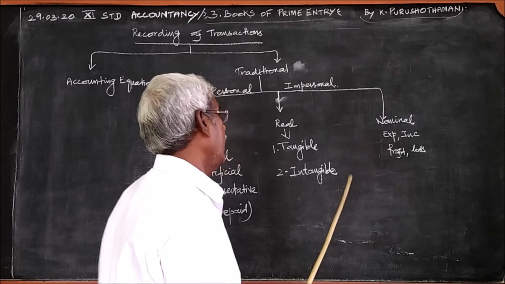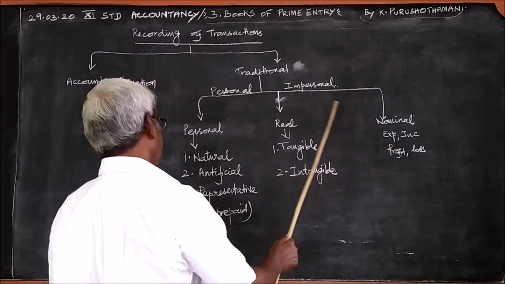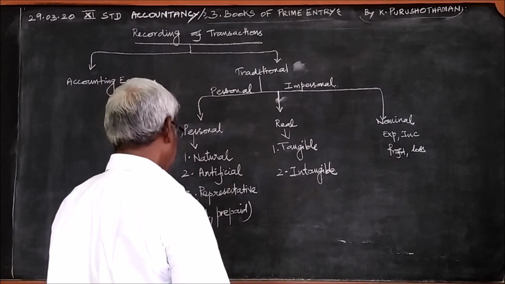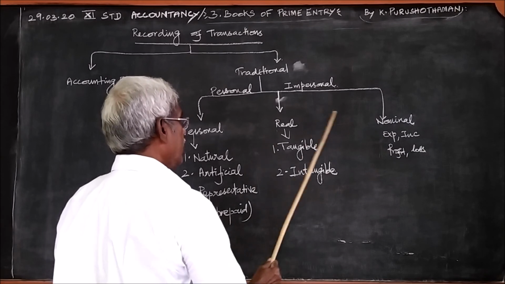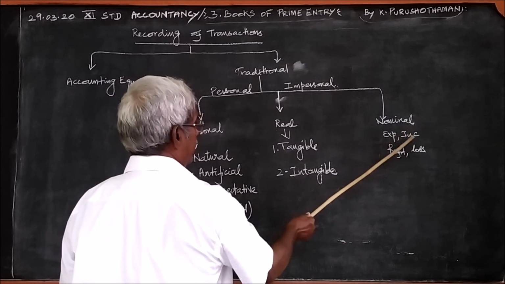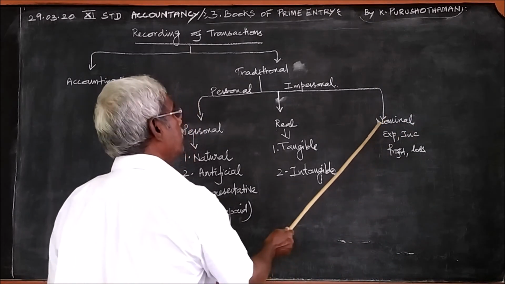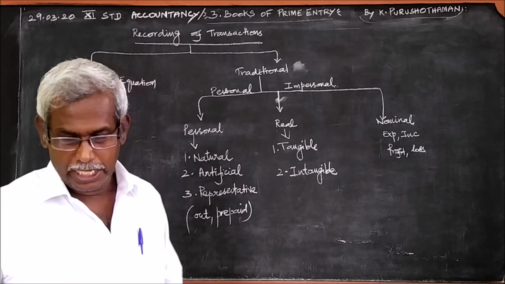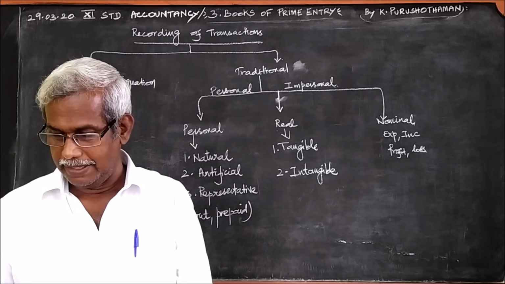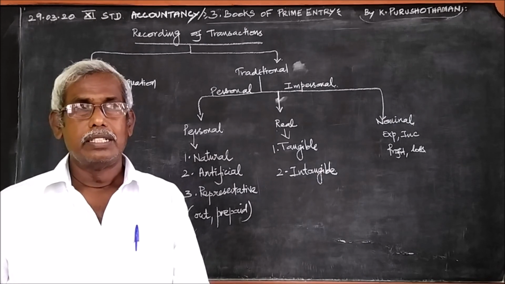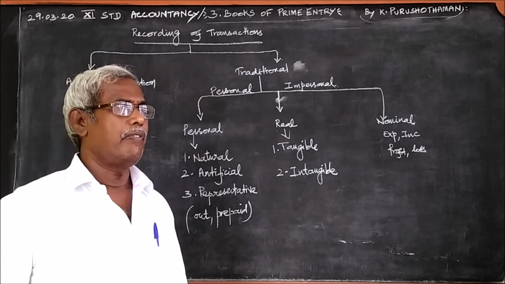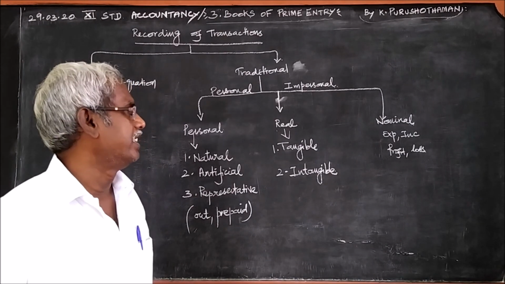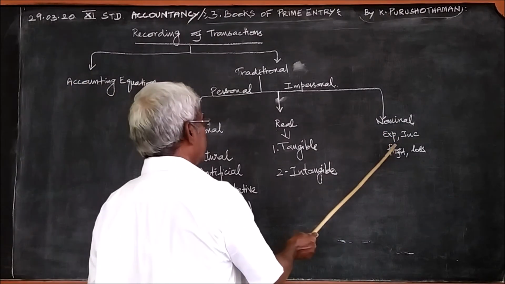And I should correlate this and this. Here also I said the outstanding expense, prepaid expense. Here also I said the expenses and income. These nominal items are coming under what we have paid and settled, what we have received and earned, all these things.